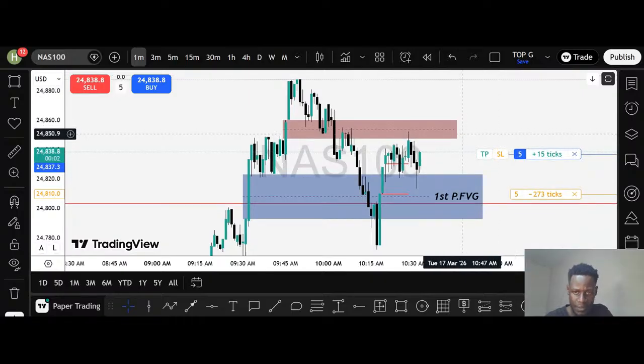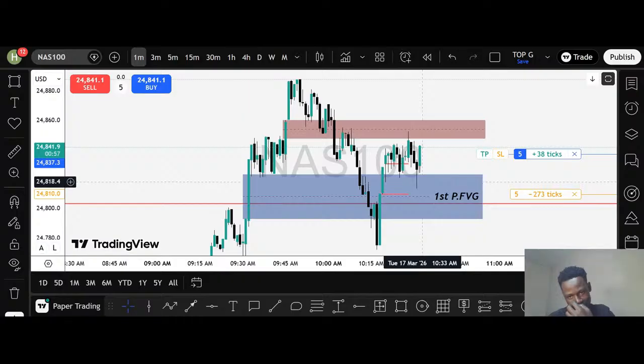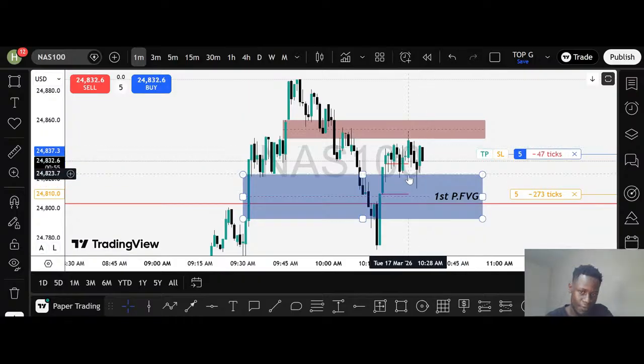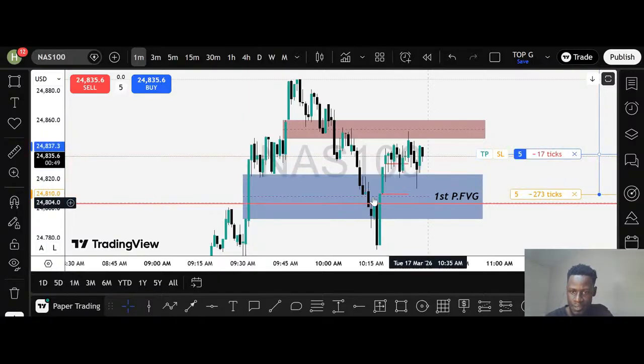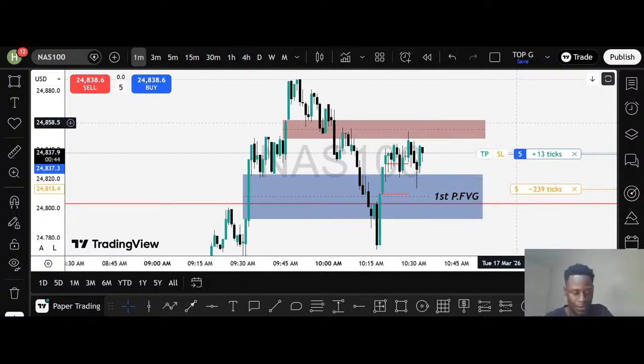So if we can afford to break this level, then my stop is going to be scaled into this level. So right now I'm scaling it to this low here. So I know I'm being aggressive with it.